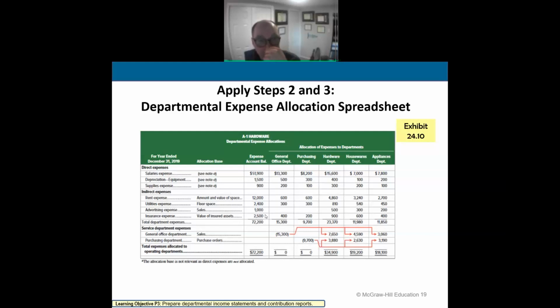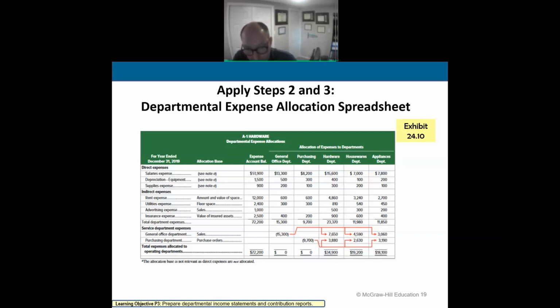Then what I need to do is allocate my indirect expenses to each department. How do I do that? Well, it's based off of the total expense divided by whatever it is.